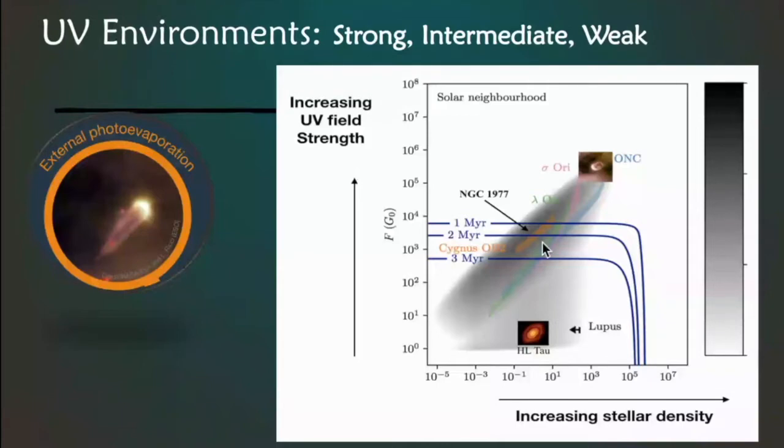You can see that this is the density probability for the solar neighborhood. The y-axis is the UV radiation background, and the orange-colored locus is NGC 1977. You can see that there's a lot more density here, and it is a more common environment in our galaxy nearby, and not only in the solar neighborhood.